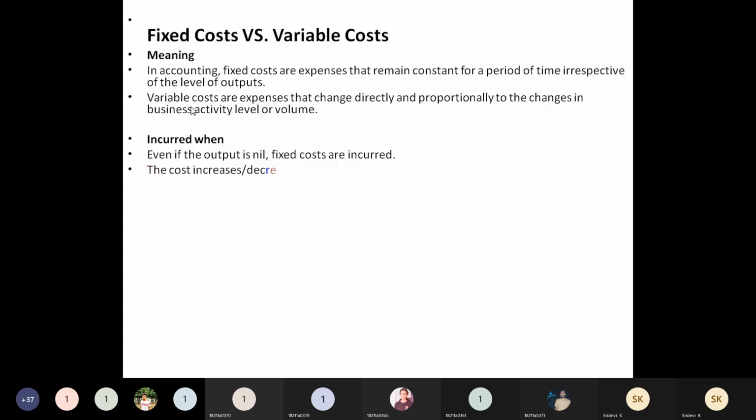The variable cost will be incurred only when output increases, and it will decrease when output decreases. So this is the difference between the fixed cost and the variable cost. The first line indicates the fixed cost and the second line indicates the variable cost.